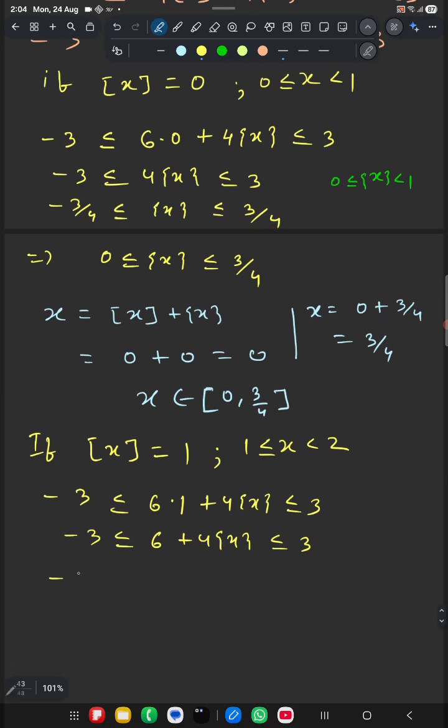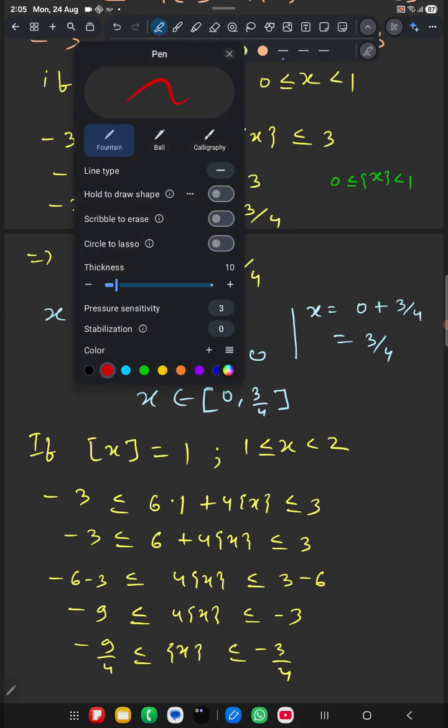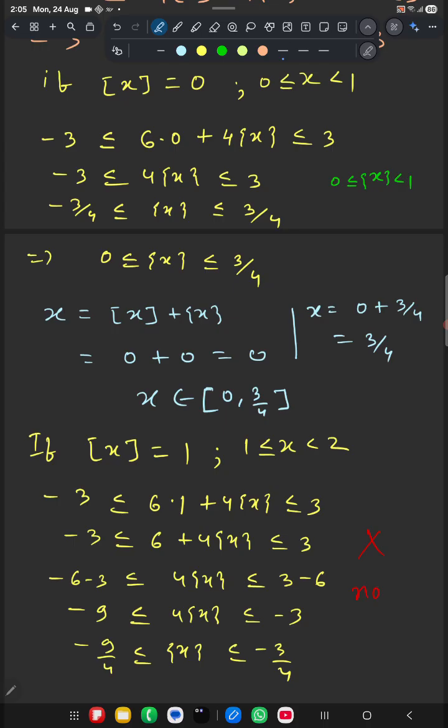So you will get -6 - 3 ≤ 4{x} ≤ 3 - 6. This gives -9 ≤ 4{x} ≤ -3, so -9/4 ≤ {x} ≤ -3/4. You can see that our condition is being violated here. So we will simply omit this condition. Not possible. Clear?